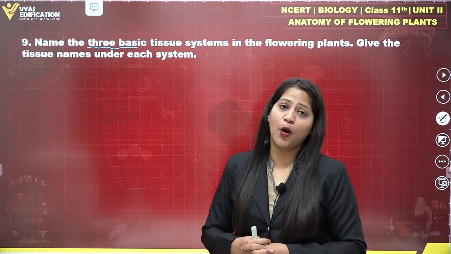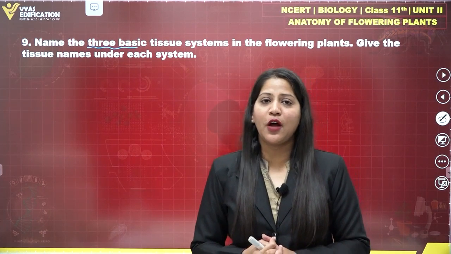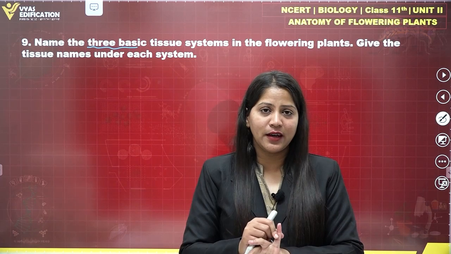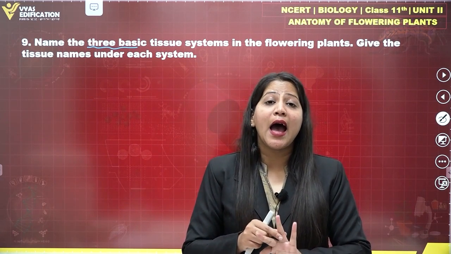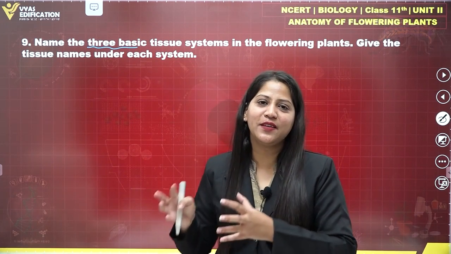First of all, the epidermal tissue system of a flowering plant contains epidermis, cuticle, hairs, trichomes and stomata. Yes, stomata is included in the epidermal tissue system.